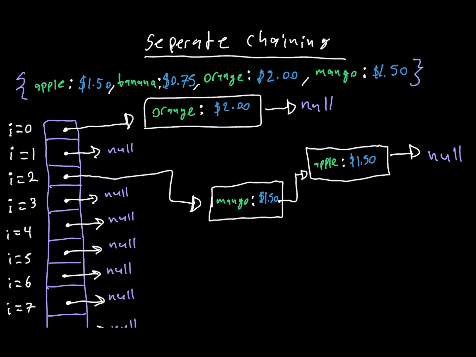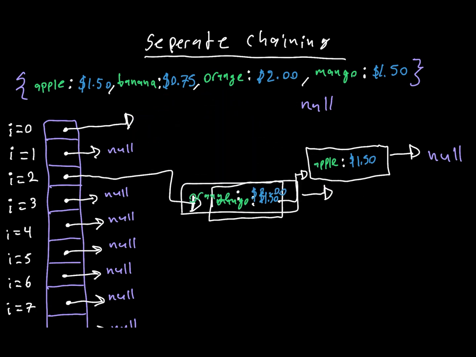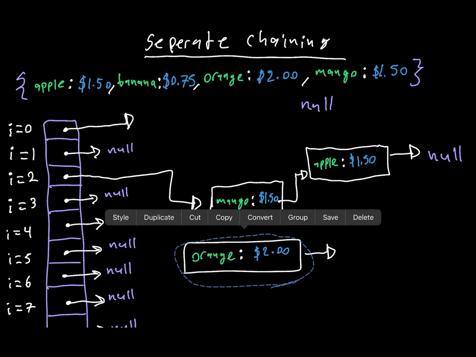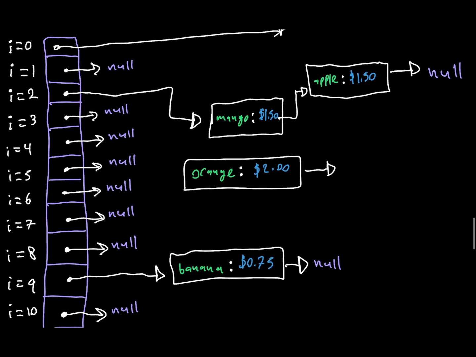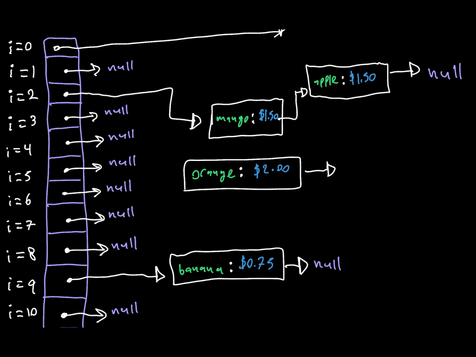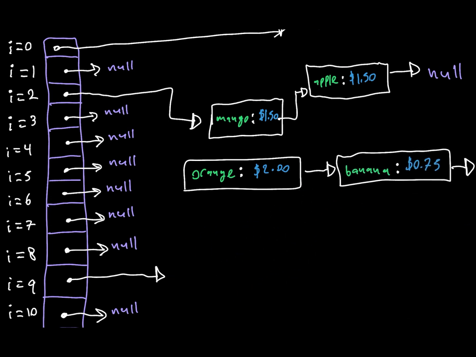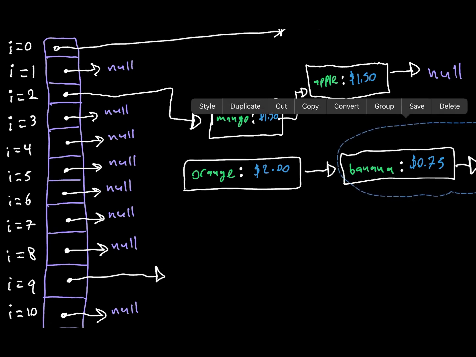So over here, orange no longer points to index 0. It's going to also point to index 2. Same thing with banana. It's going to point here.